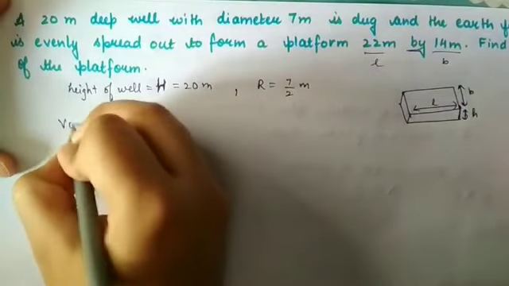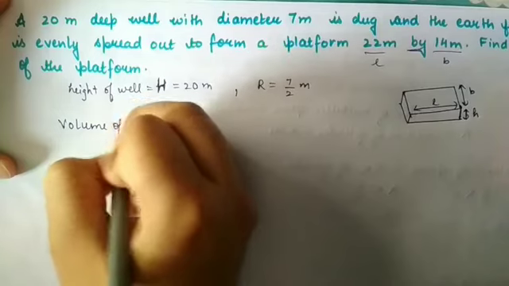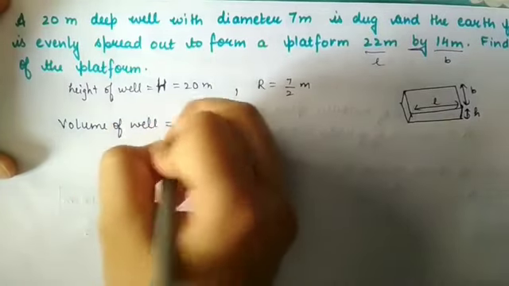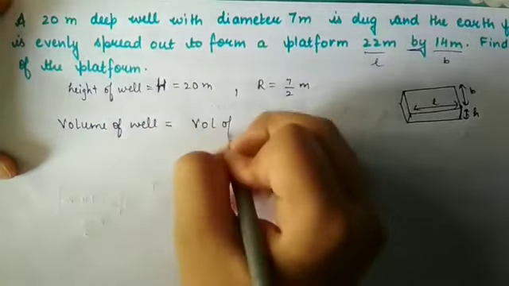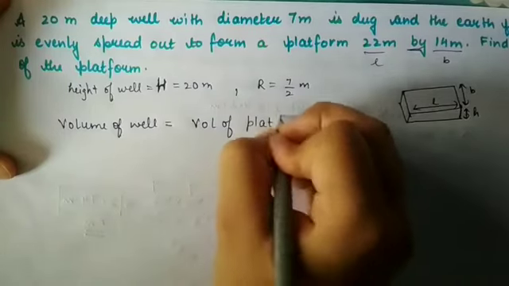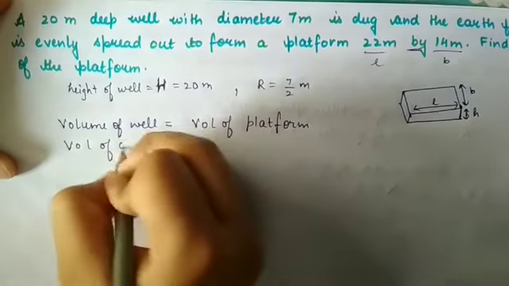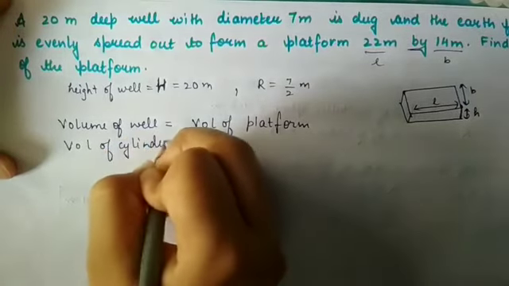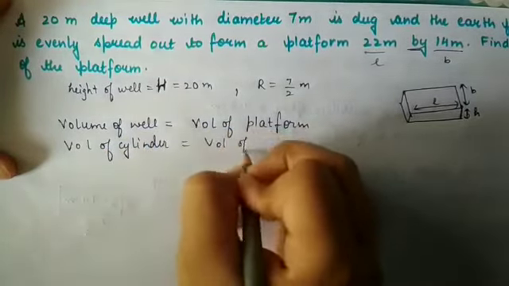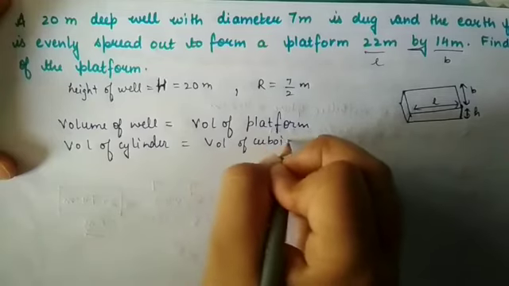So write: volume of well is equal to volume of platform, or you can say volume of cylinder is equal to volume of cuboid in this case.